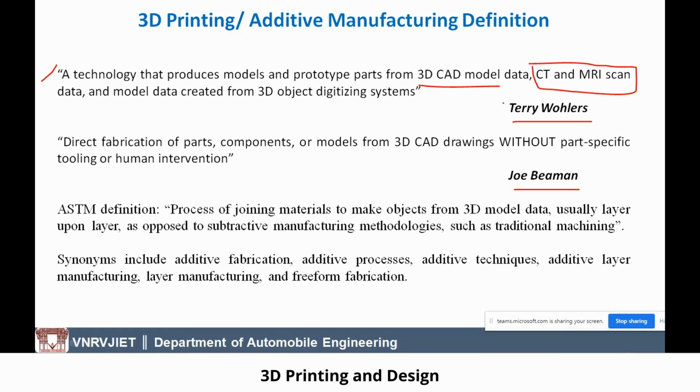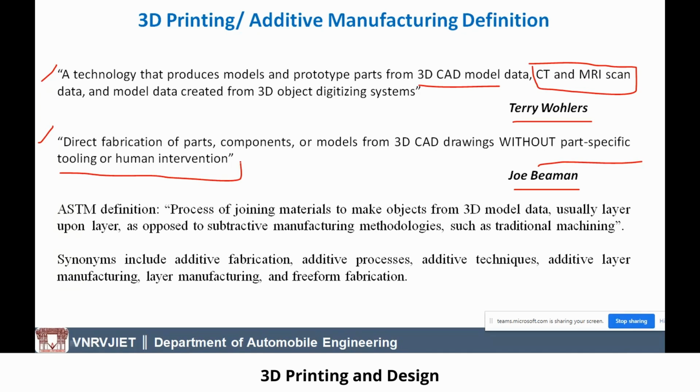Terry Wohlers, and Joy also gave his own definition: digital fabrication of parts, components or models from 3D CAD drawings without part specification, part-specific tools or human intervention. Earlier we saw two different manufacturing processes, the machining or subtractive process and the formative process.